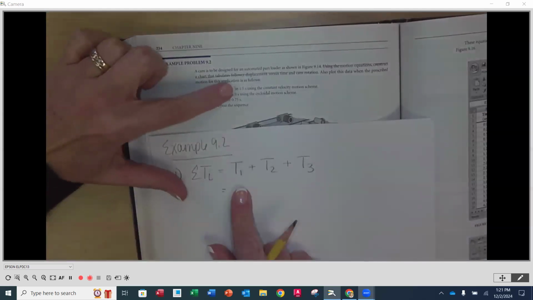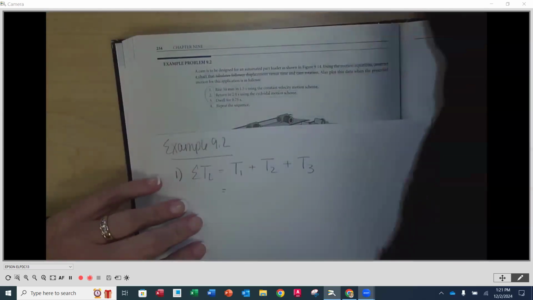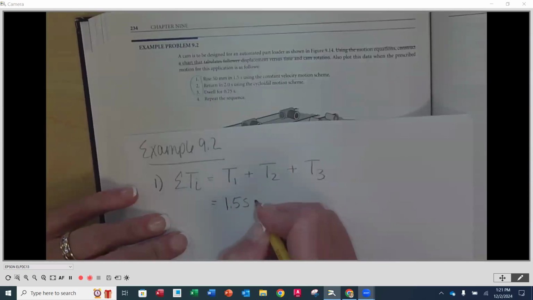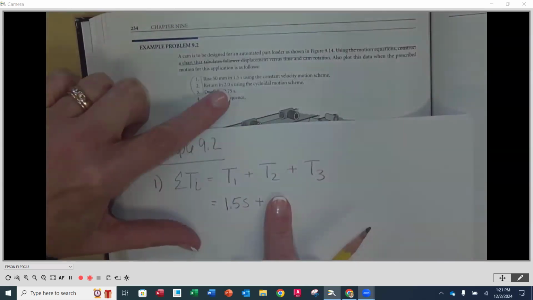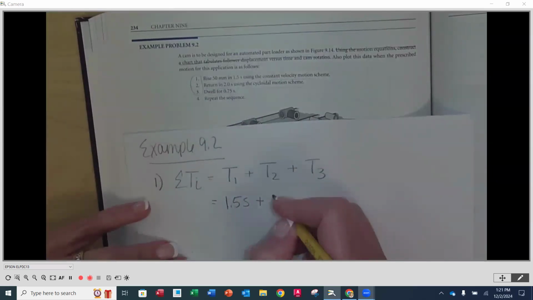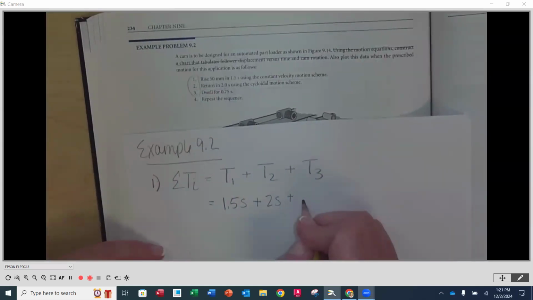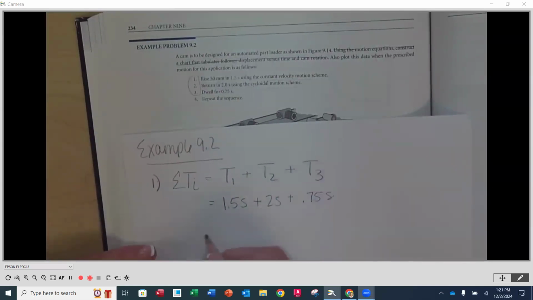So our T1 is going to be the 1.5 in step number 1. So 1.5 seconds plus T2, which is going to be 2 seconds, plus T3, which is going to be 0.75 seconds.